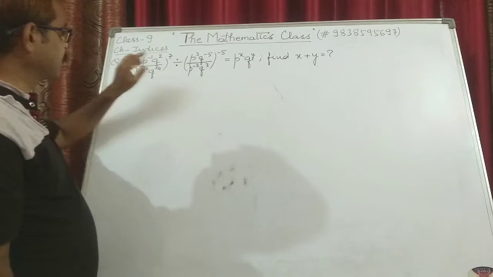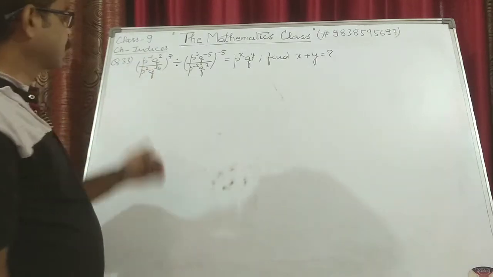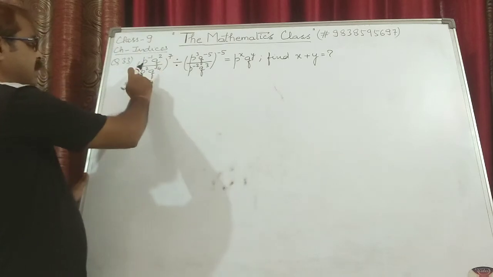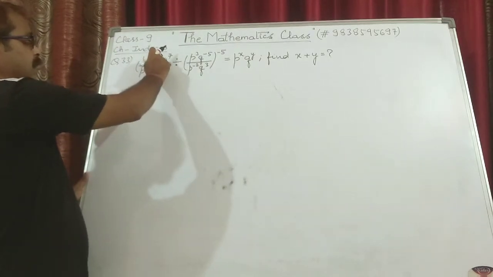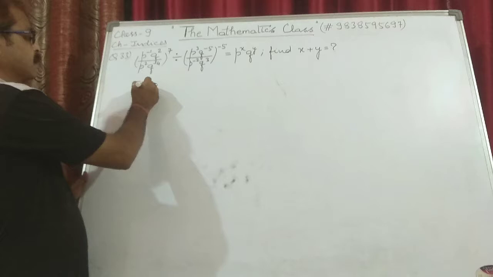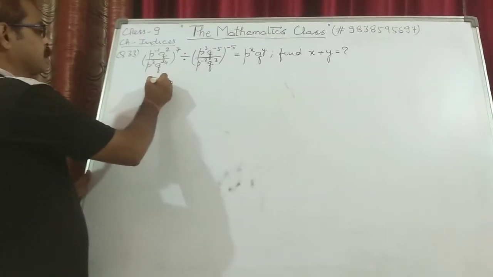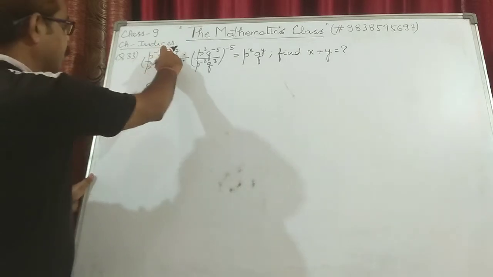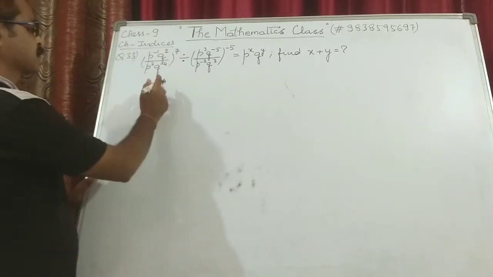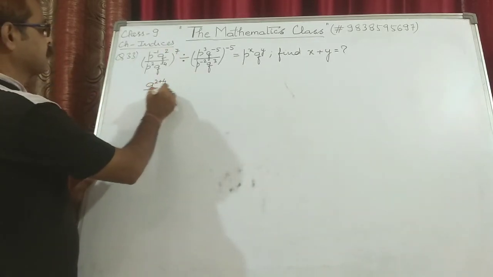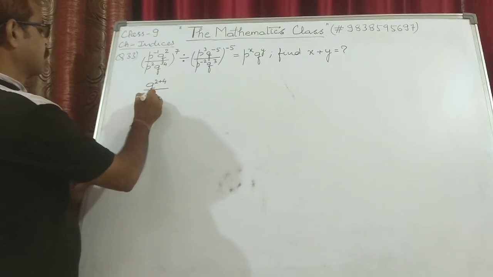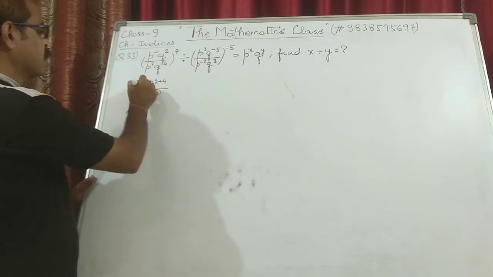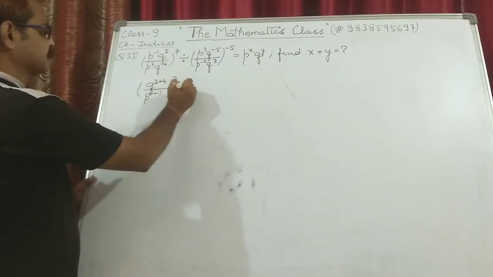So first of all, whatever powers are negative, inside the bracket we will try to convert them to positive. So p to the power minus 1 can come down and q to the power minus 4 can go to the numerator. So it will become q to the power 2 plus 4. Why? Because when negative goes to the denominator, this becomes positive. So q to the power 2 plus 4 upon p to the power 2, and this 1 comes to this side, so plus 1, whole power 7.